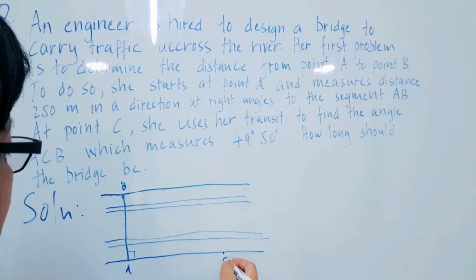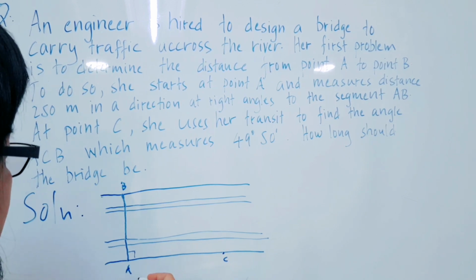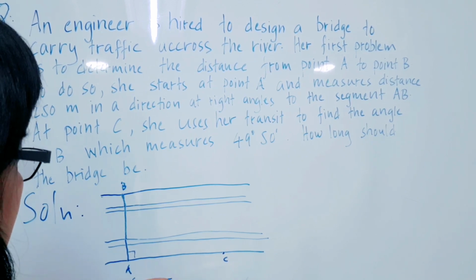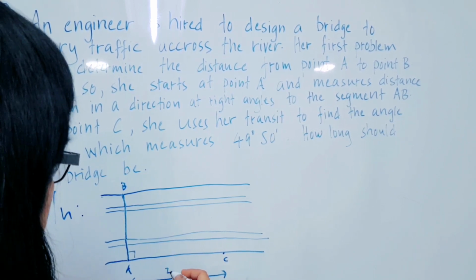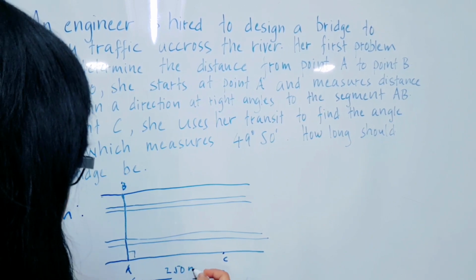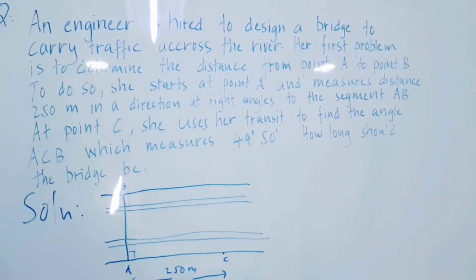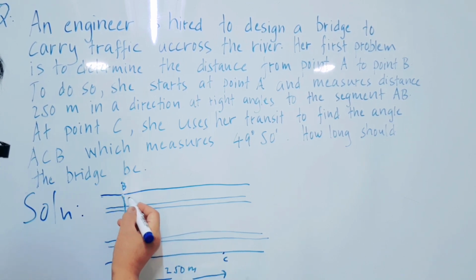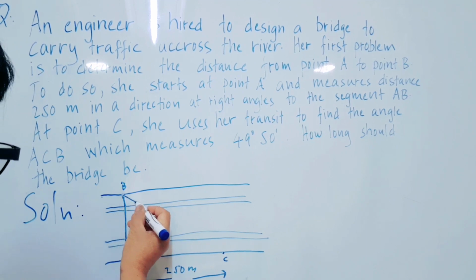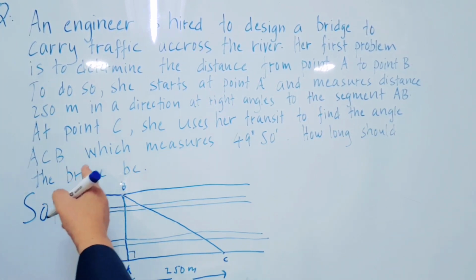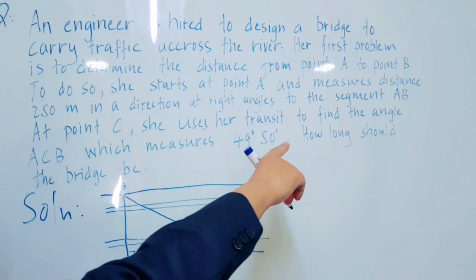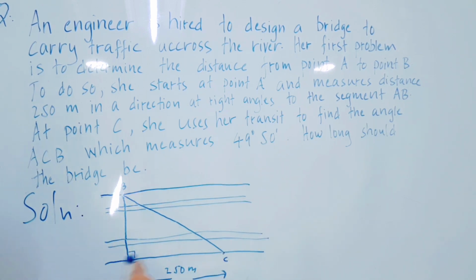Let's call this one C. So 250 meters is the distance from A to C. So if we have this one and this one, you will be having a right triangle at point C. Now it says here that she uses her transit to find the angle ACB.